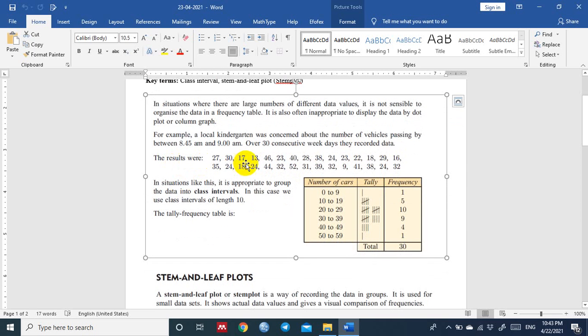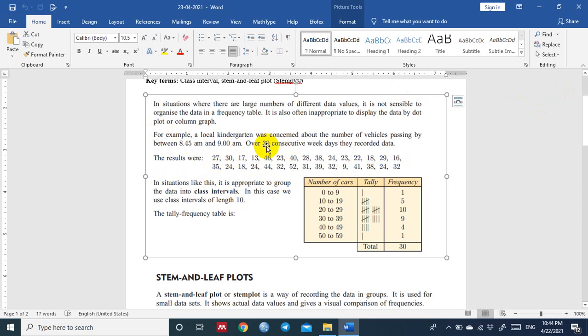So these are the results of the number of vehicles passing the local kindergarten between 8:45 and 9 a.m. So the result was here.